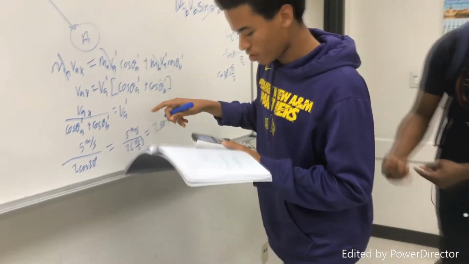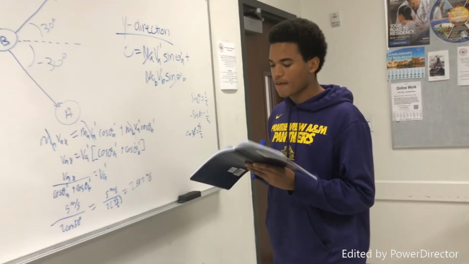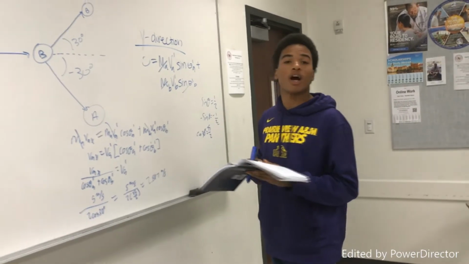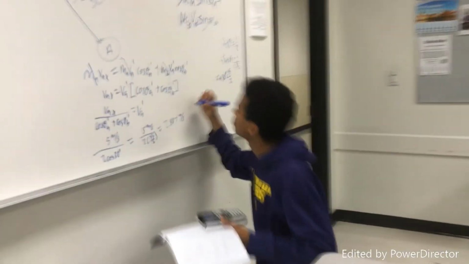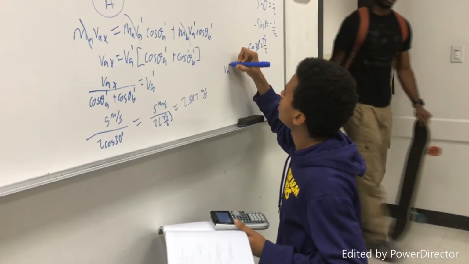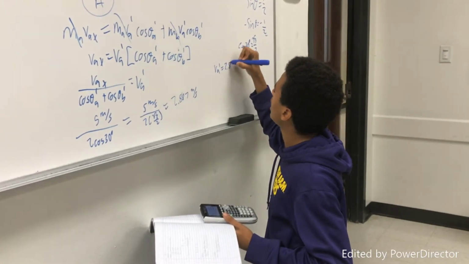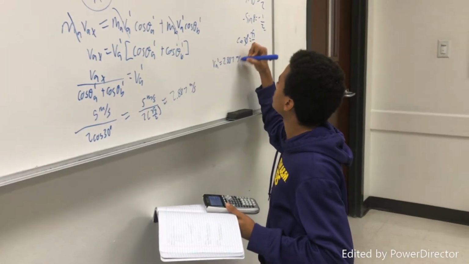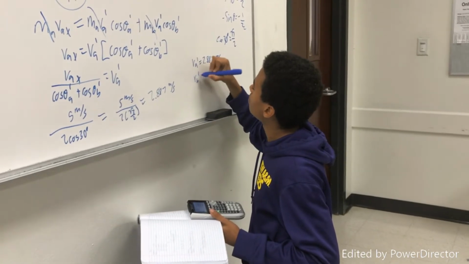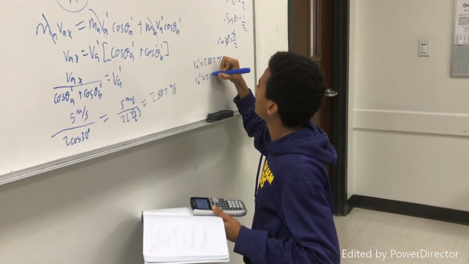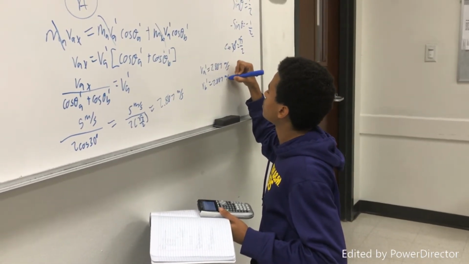And that is your answer for VA prime and VB prime. They're both the same. So your final answers are VA prime equals 2.887 meters per second, and VB prime also equals 2.887 meters per second.